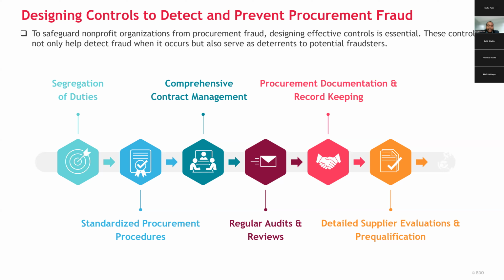The second one is standardizing your procurement procedures. This is creating a transparent and consistent approach to procurement, and this reduces the opportunity for fraud. One, you can develop written and clear policies and step-by-step procedures for every step of the procurement process. You can also establish thresholds for required approvals on purchases. So let's say a purchase up to 50,000 requires one person to approve.